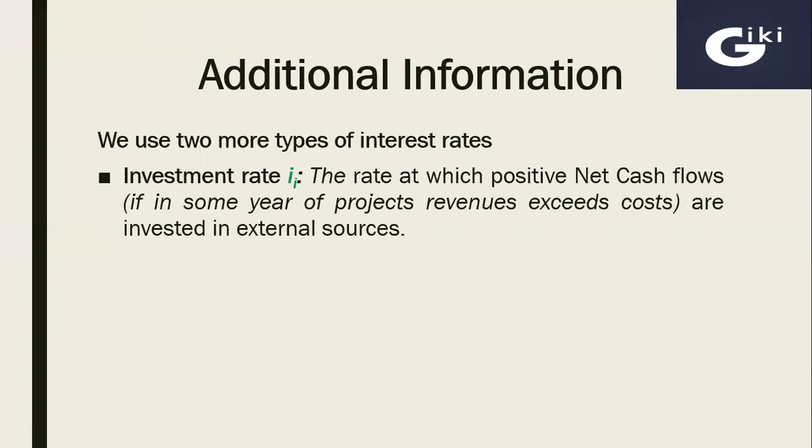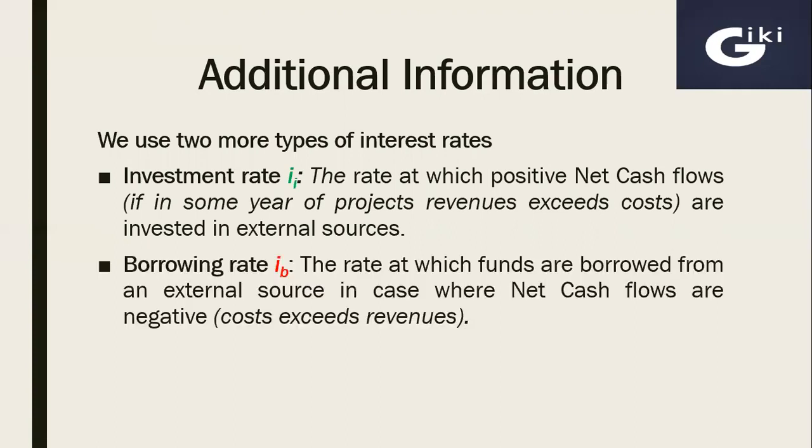On the other hand, borrowing rate is the rate at which funds are borrowed from an external source. In case net cash flows are negative, meaning if in a particular year our expenses are more than our revenues, we need to borrow some amount from a friend or financial institution to fund our operations. So this rate will be known as borrowing rate.